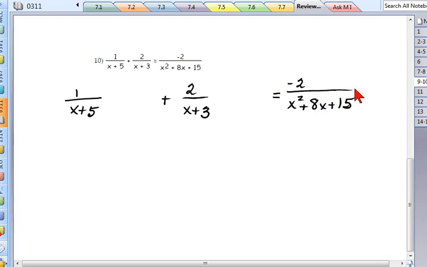To find a common denominator, I need all the denominators factored. I take a moment to factor the last one, and you begin to see some patterns in these problems. This is an x plus 3 times an x plus 5, which just happen to be the other two denominators. All right, what is the common denominator? X plus 3 times x plus 5. So I will multiply x plus 3 times x plus 5 times each term.